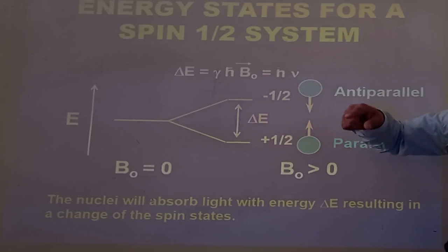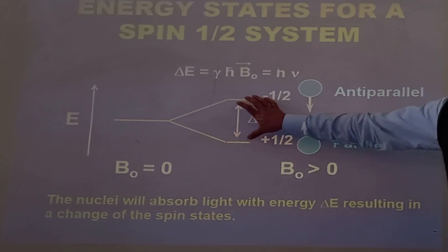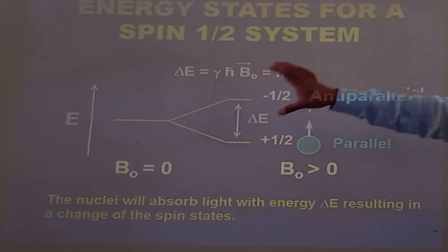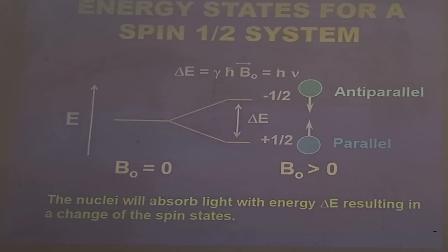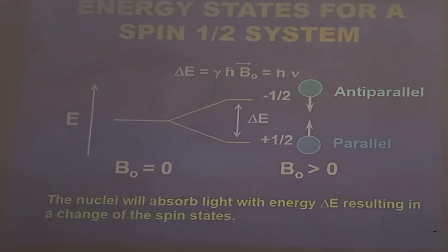So you have to provide radio frequency of such an energy that is exactly equal to del E. And you know that del E is directly proportional to B naught. So if B naught is higher, del E is higher, and it means that the energy of the radiation that you are giving must also be higher. So they all have a direct relationship.